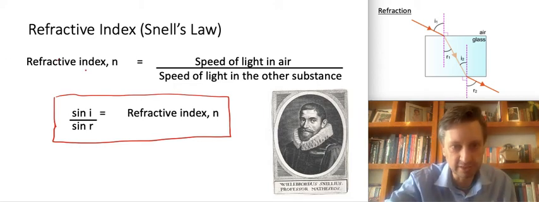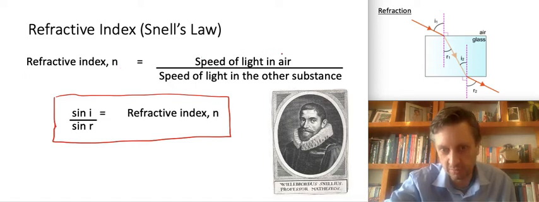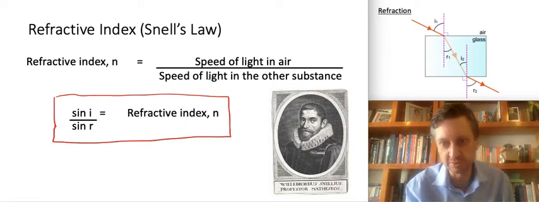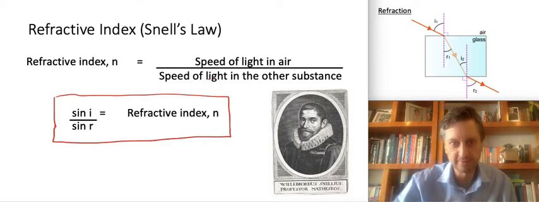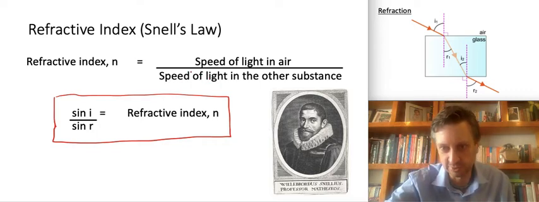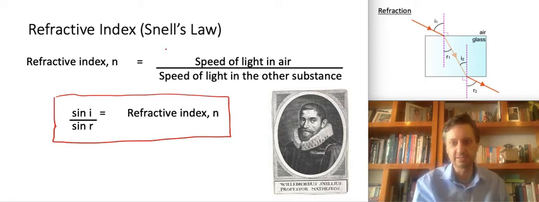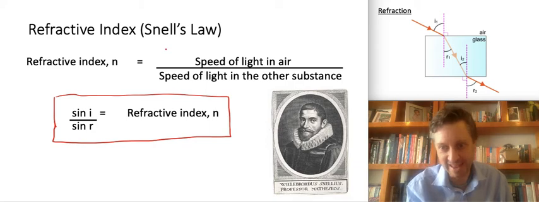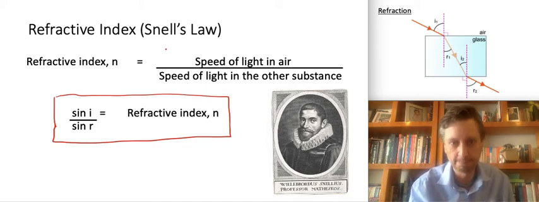The refractive index of any substance is the ratio of the speed of light in air divided by the speed of light in the substance that you're interested in. Now that's not on the syllabus anymore, it used to be, so you don't need to know it, but that's basically what the refractive index is, and we call it n. It has no unit, but it's got a symbol of n. N just stands for number.